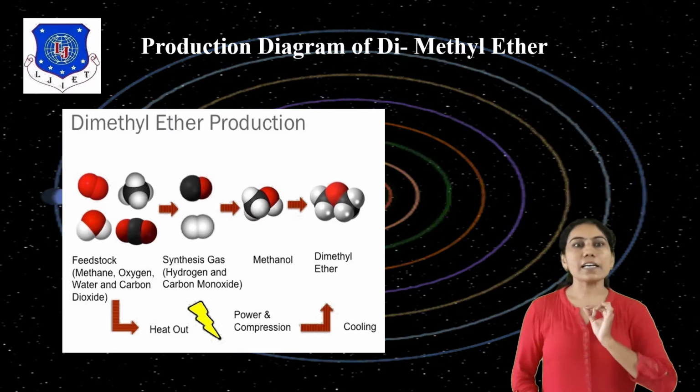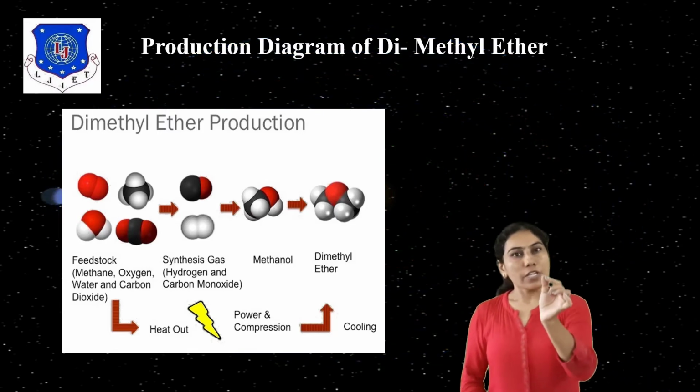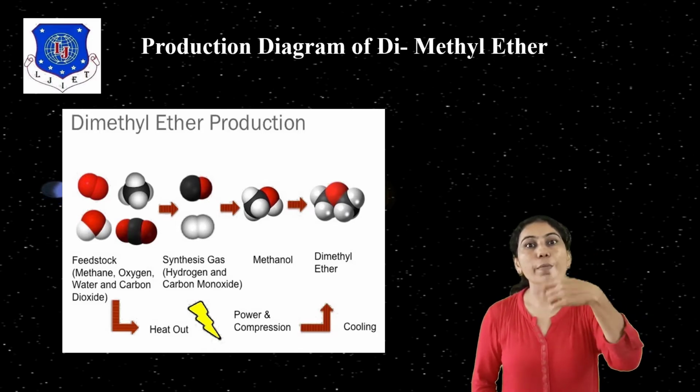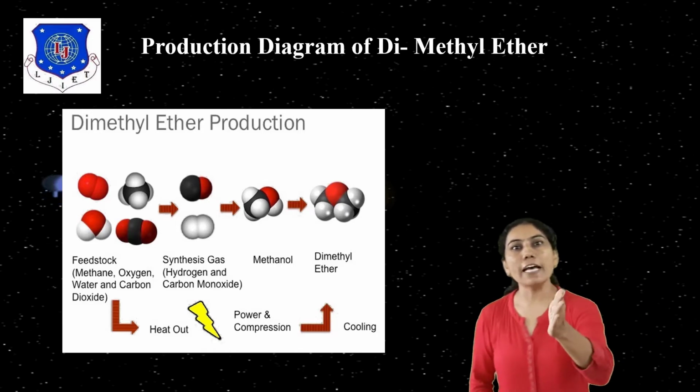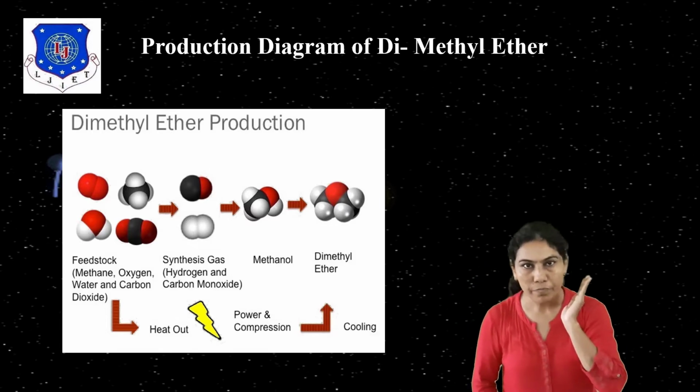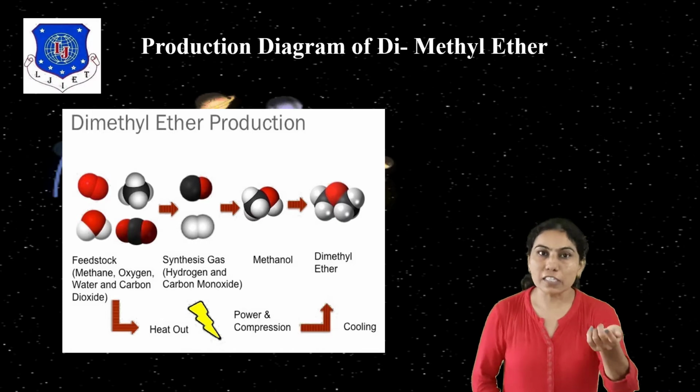Synthetic gas: methane plus water, CH4 plus H2O, you can convert into carbon monoxide and hydrogen. This is the reforming reaction.